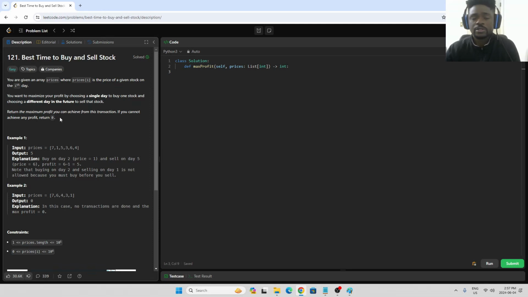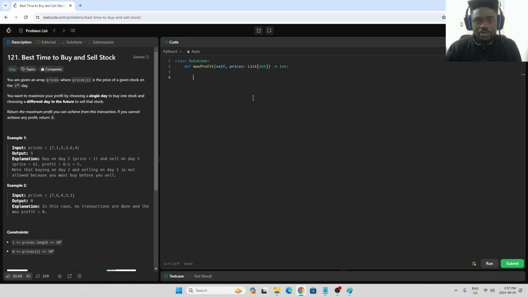To put it in layman's terms, our outer for loop would be our buy, and our inner for loop would be our sell, because our inner for loop represents the different day in the future that we would wish to sell that stock. And that is a good solution. That would work, that would pass. But the problem with that solution is that it's an O(n^2) solution because we're using a nested for loop.